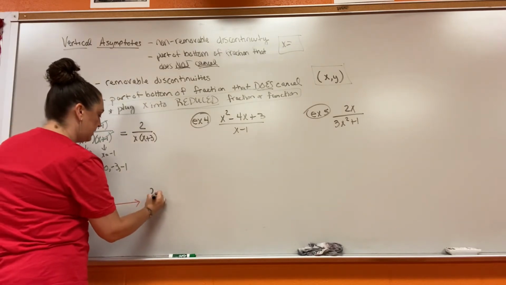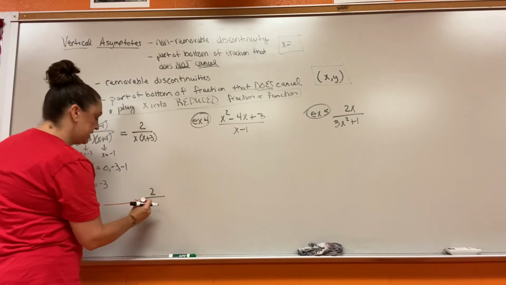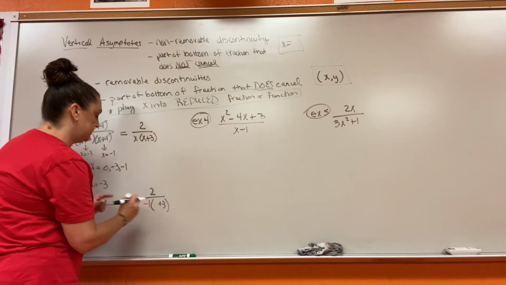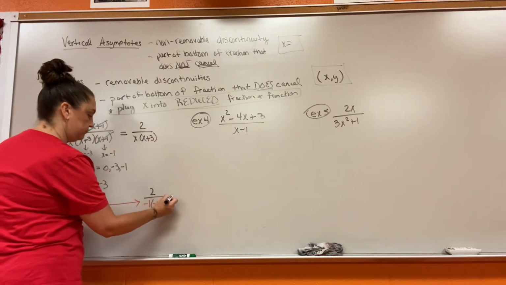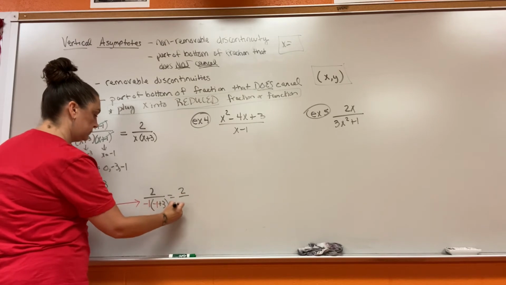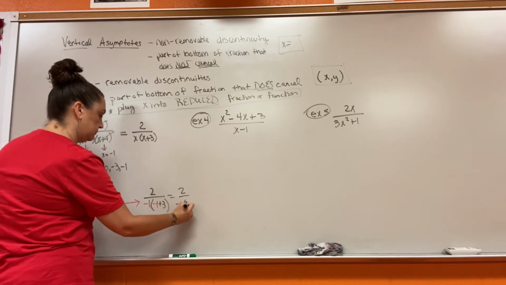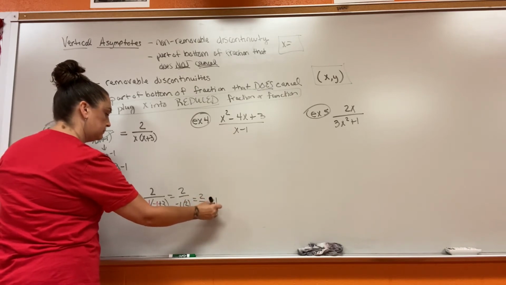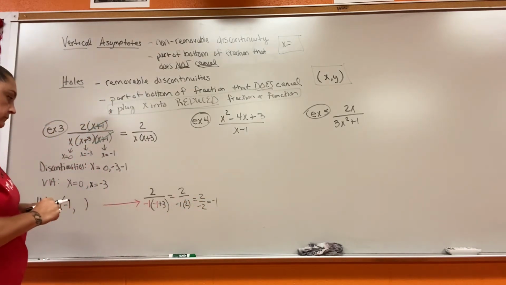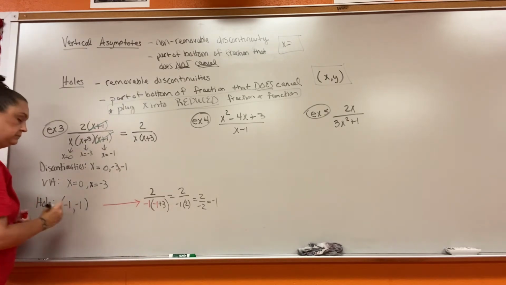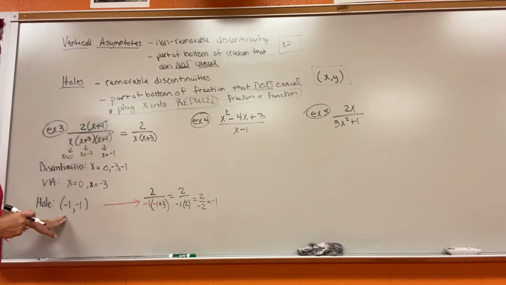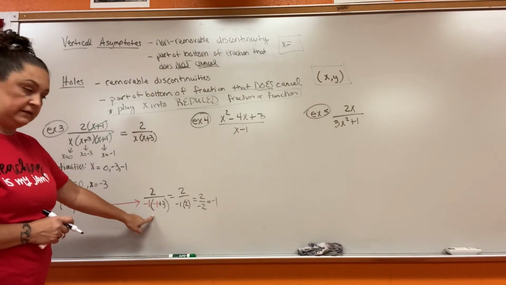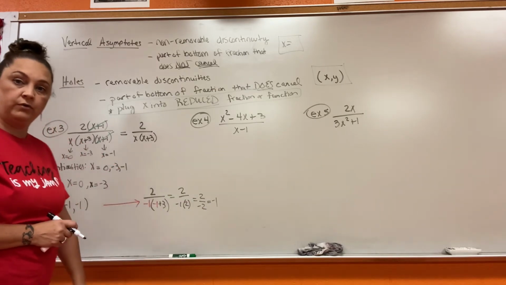So I'm going to take 2 over, and we're going to plug in a -1 everywhere we see an x value. Again, you take your x value, you plug it into your reduced function, and that's how you find the y value of your hole, the y location of your hole.